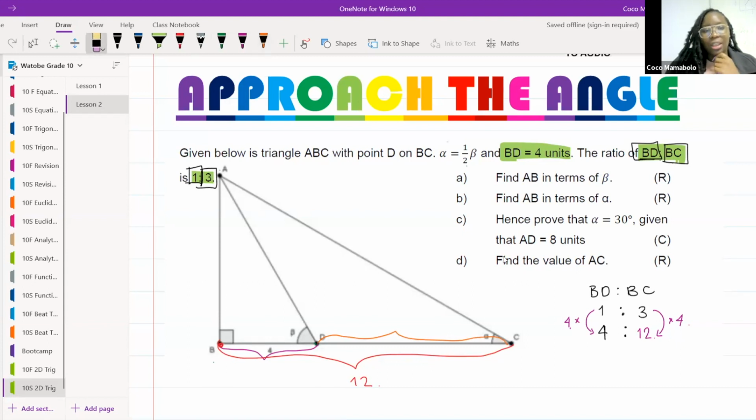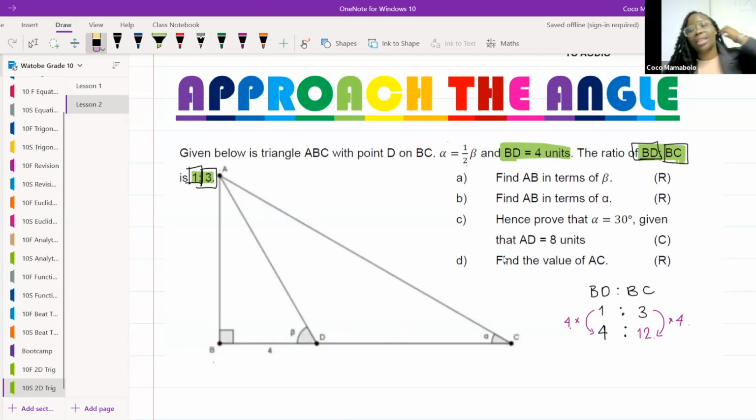No worries, I can repeat. Just tell me where to start from, Delaney, just so I don't lose you. All right, so if my BD from here to there is 4, okay, cool.